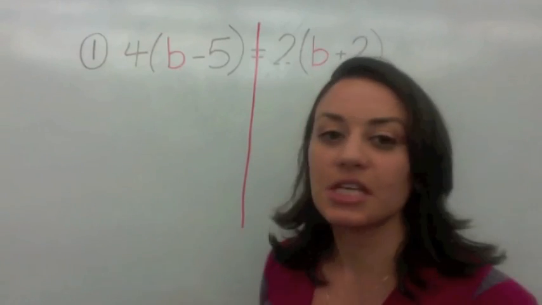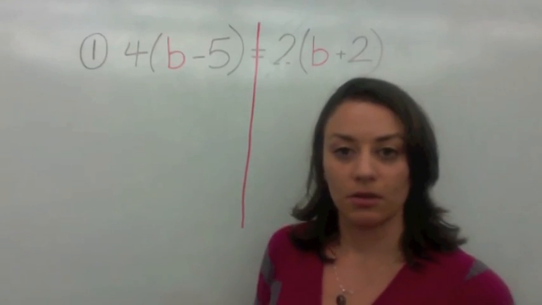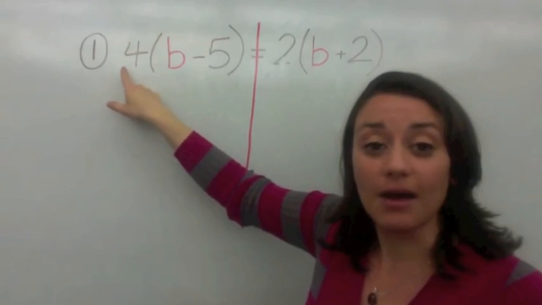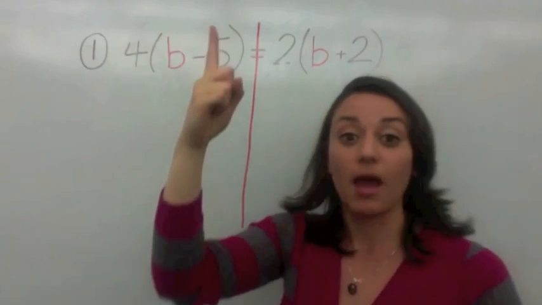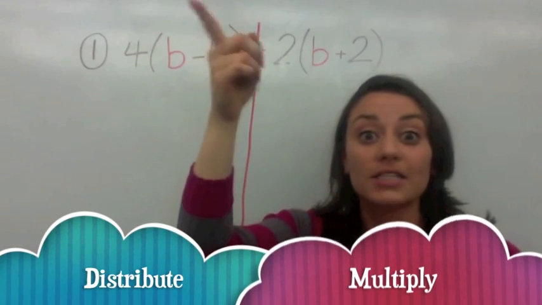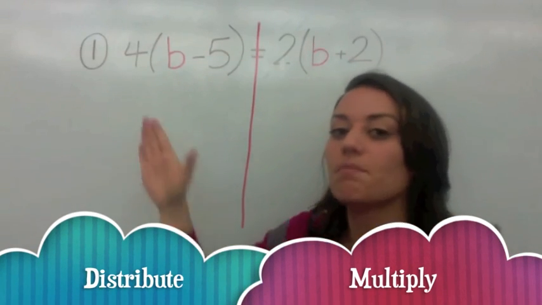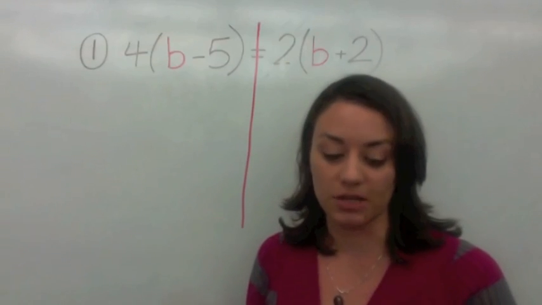What do you do when you see parentheses? If there is a number outside of the parentheses, then you have to distribute, multiply, okay? So you're distributing on both sides of your equation.